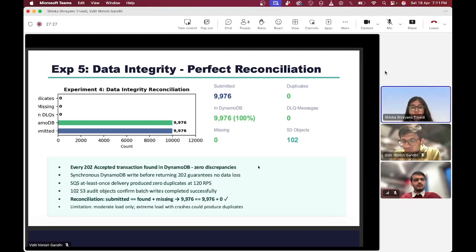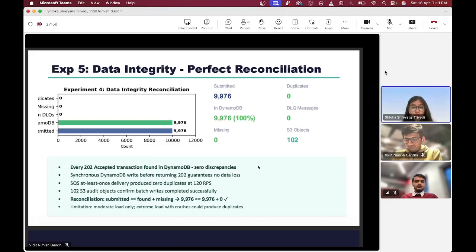After all the queues were drained, the reconciliation script cross-checked every single transaction against DynamoDB, counted S3 audit log objects, checked all 5 DLQ depths, and scanned for duplicate transaction IDs. The result was perfect reconciliation: 9,976 submitted and 9,976 records found in DynamoDB, 0 missing, 0 duplicates, and 0 DLQ messages.